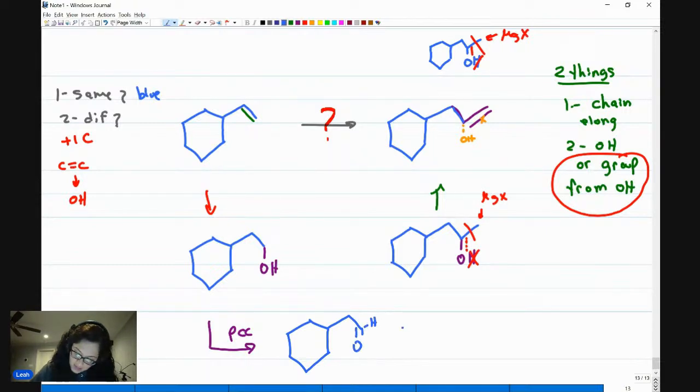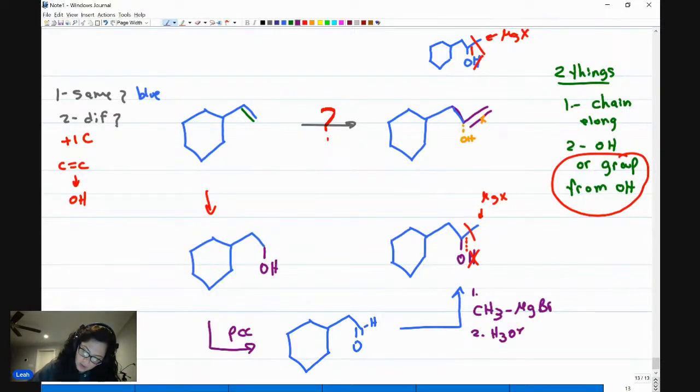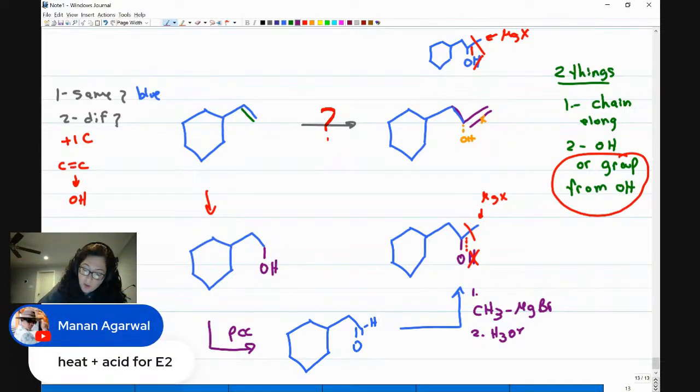I then take this right here, react it with the Grignard. I only need one more carbon, so I'm going to use a CH3MgBr. That's step 1. Step 2, I'll add some H3O+, and then we're going to need another step here. So I kind of squeezed myself into a corner. I cannot simply take that alcohol and get rid of it at the terminal position because an E1 reaction with acetic acid is not going to work. That would give me a carbocation.